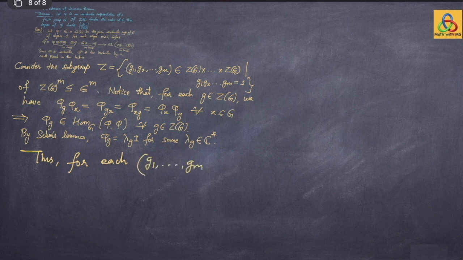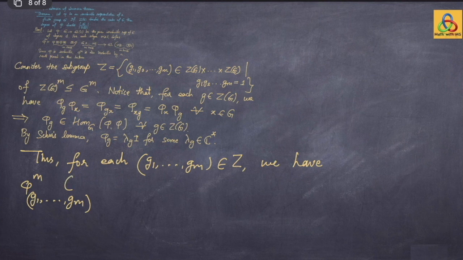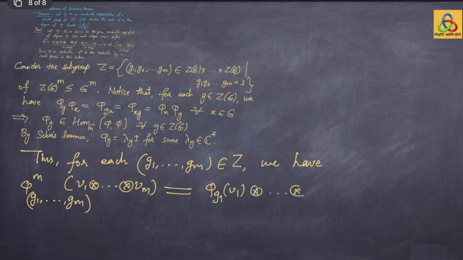Thus, if we pick any element, let us say g1, g2, ..., gm in this subgroup Z, we consider phi superscript m at g1 to gm acting on this vector v1 tensor v2 so on tensor vm. This by definition of the exterior tensor product is the same as phi g1 acting on v1 tensor so on phi gm acting on vm.